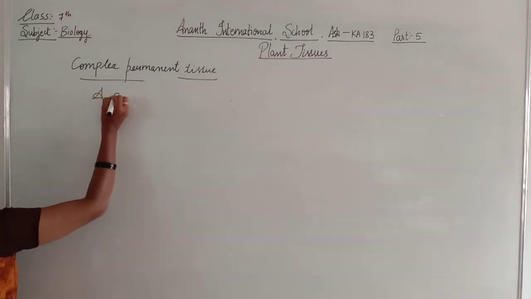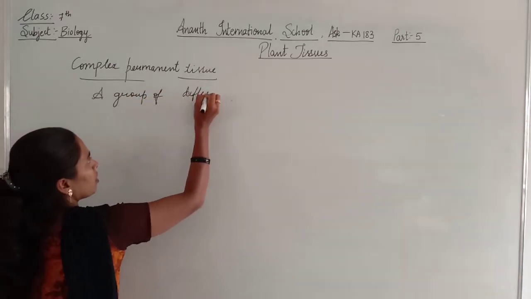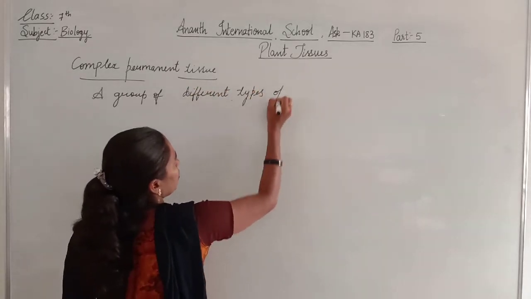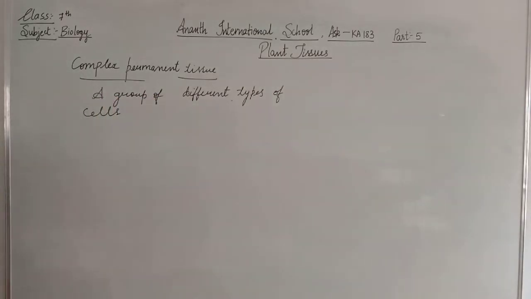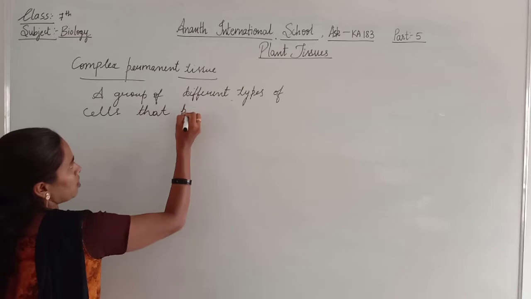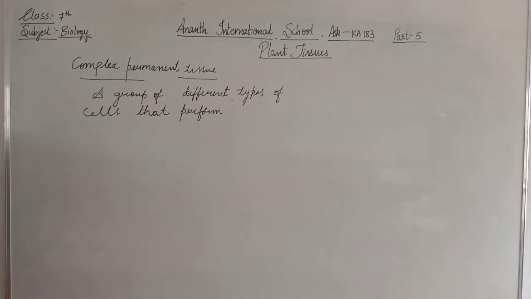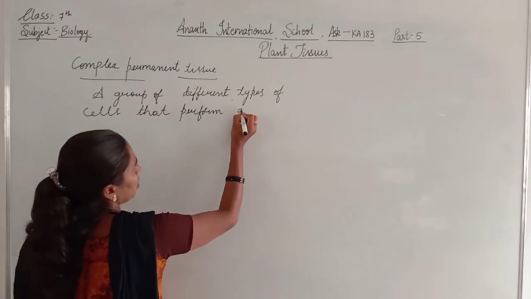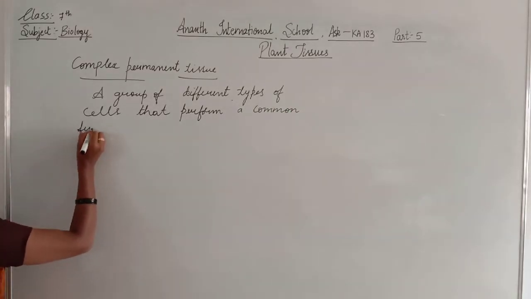What will the cells do? The cells perform and help to perform a common function. A group of different types of cells that perform a common function is called the complex permanent tissue.